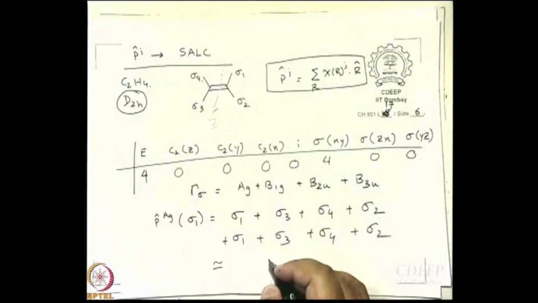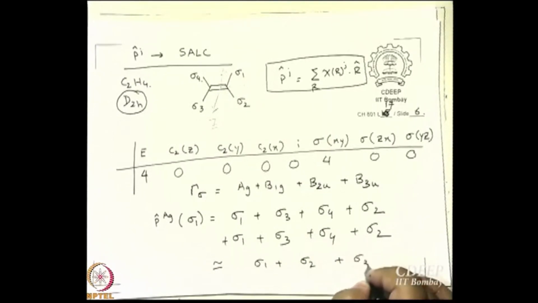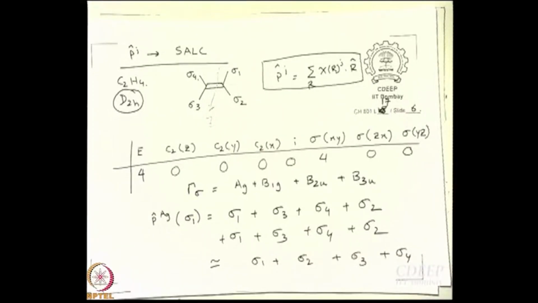So essentially, if I forget about the common coefficient, I get sigma 1 plus sigma 2 plus sigma 3 plus sigma 4. So what is this? This is the AG SALC that I can generate using sigma 1, sigma 2, sigma 3, sigma 4, right? Understood? Now, if I want to normalize this, what would be the normalization constant?